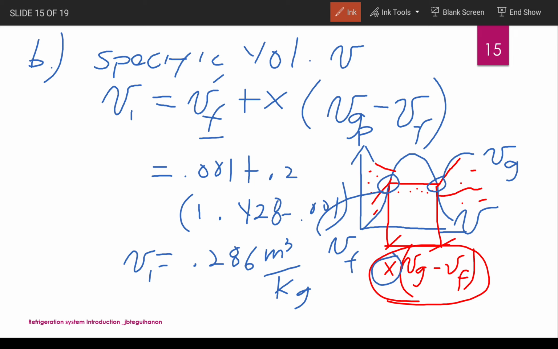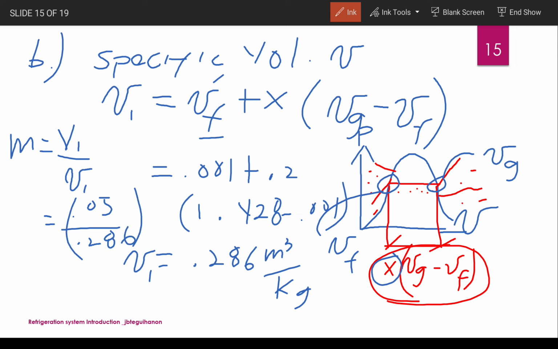Therefore your mass is equal to V1, the volume, over specific volume 1, which is equal to 0.05 over 0.286.